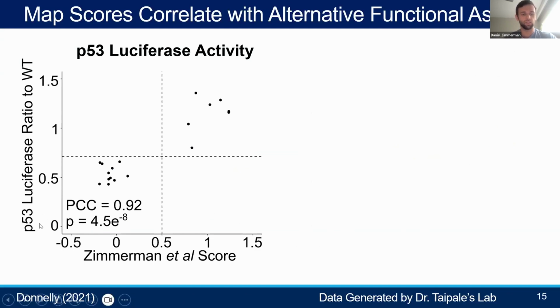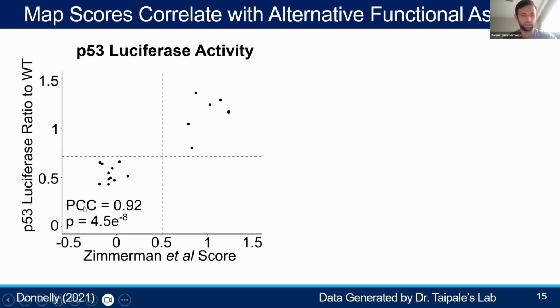Essentially, what they've done is they looked at p53 expression, so a luciferase-based p53 assay, as STK11 is known to interact and affect the expression level. And so, from a completely independent low throughput assay, we are showing perfect agreement where variants that are damaging in the proliferation assay seem to have lower levels of luciferase activity compared to variants that are tolerated in the assay, which have higher levels of luciferase activity.